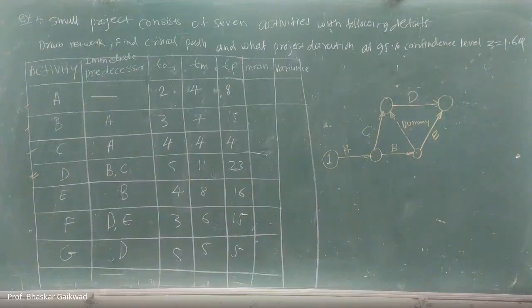E will start from B. And D and E together. Okay. Then F will start from D and E.